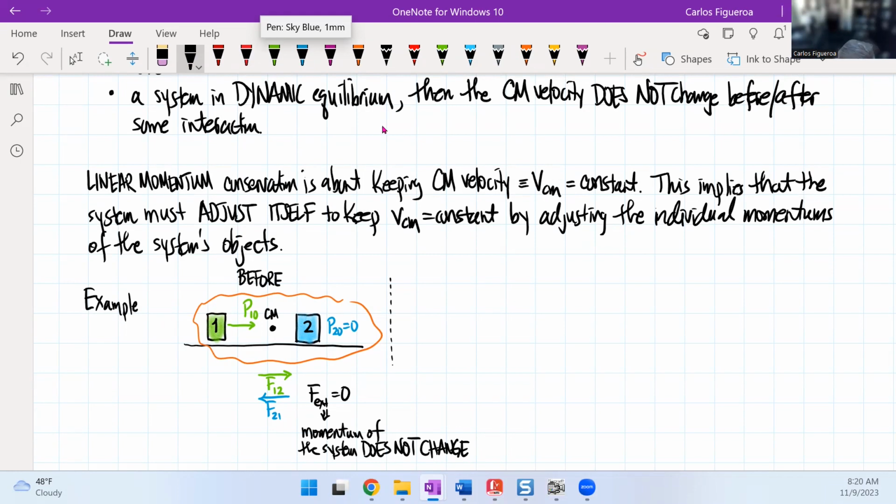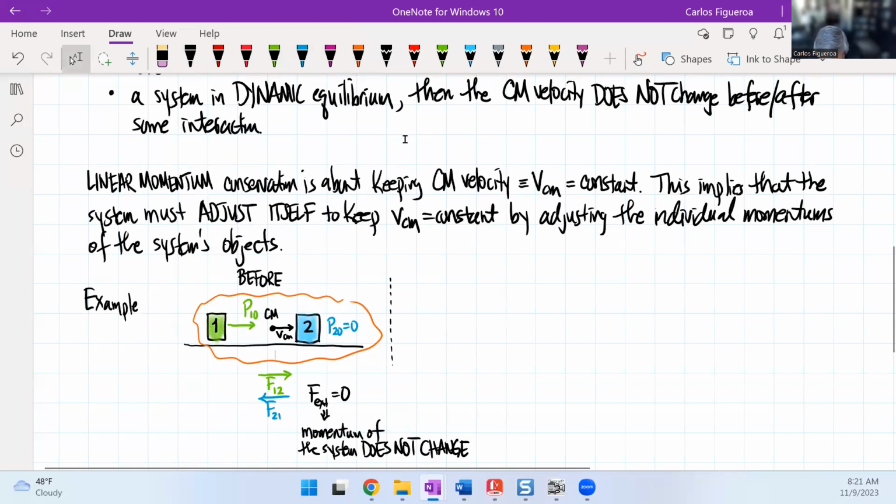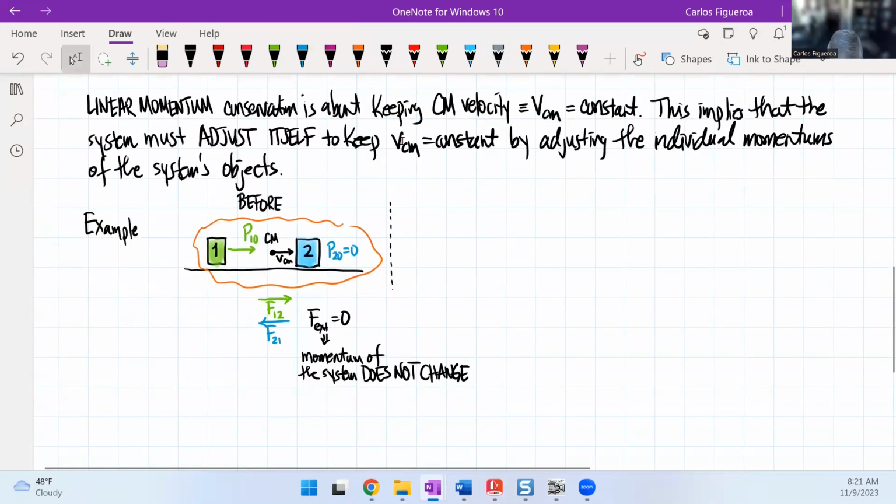So I'm going to say that this is the direction of V, center of mass. So conservation of momentum is about keeping V, center of mass, fixed. So then blocks 1 and 2 have to rearrange their momentums to keep it fixed. So what do I mean by that? So I'm going to go to a bar diagram. So when I go to a bar diagram, what I see here is something like this.